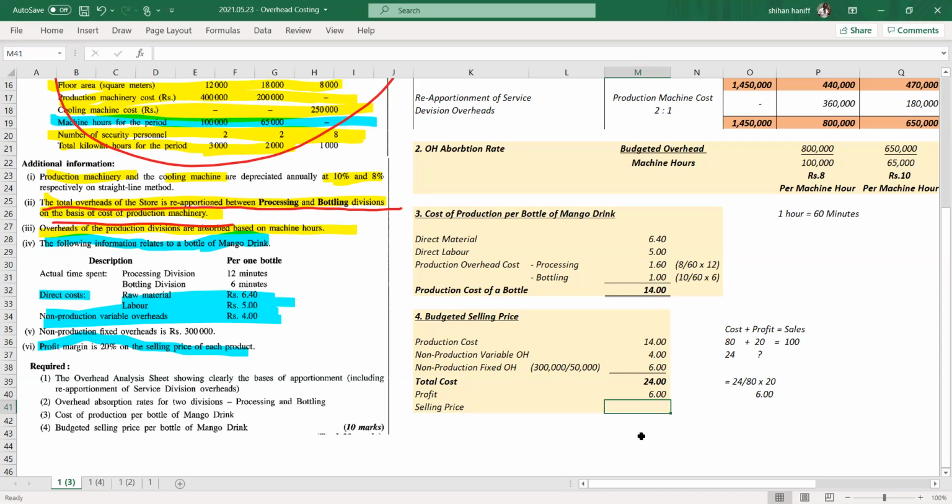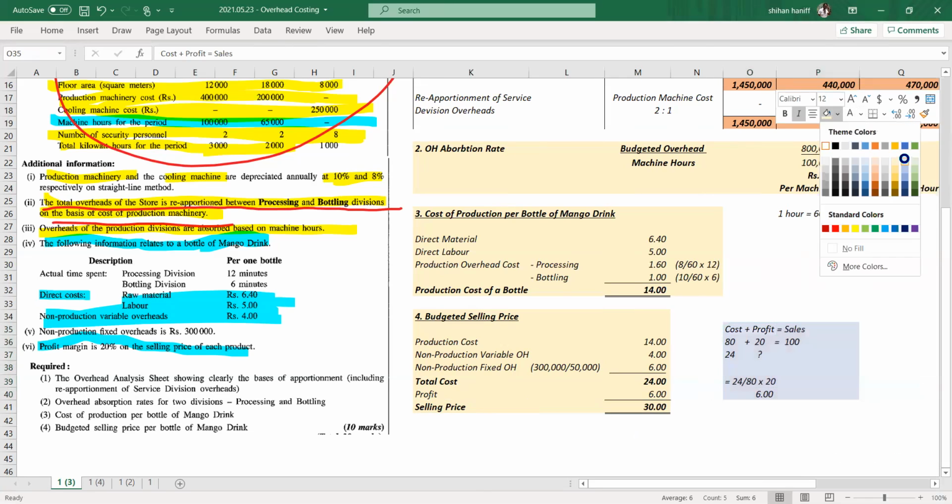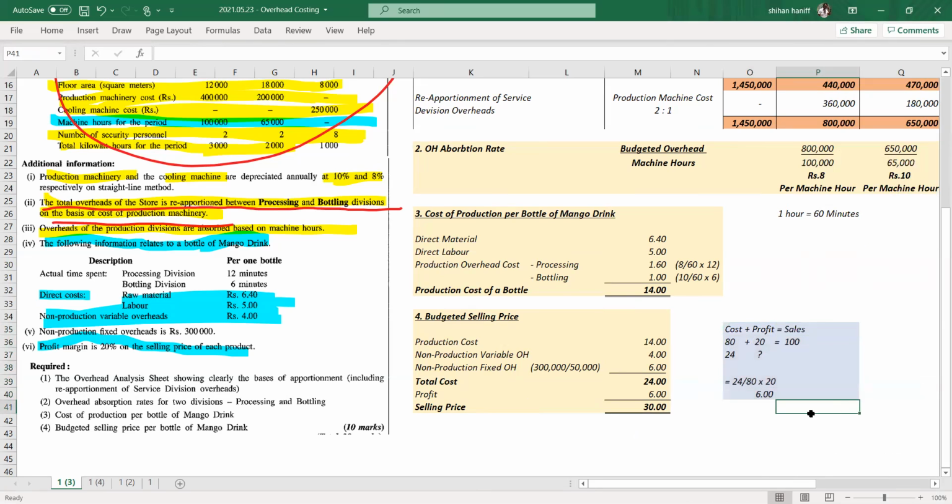Then the selling price is 30. So that's how we calculate the selling price.